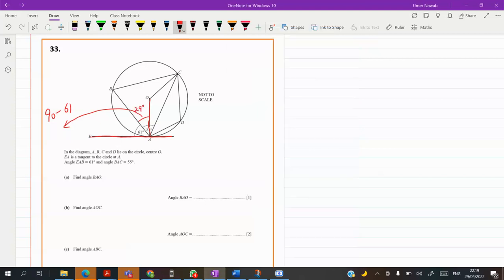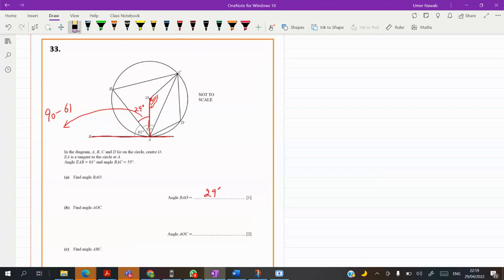And once you find this 29, you have AOC. AOC, the central angle, is required. So if you want to find the central angle, which property can be used here?